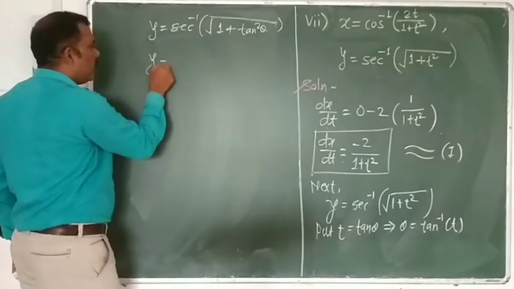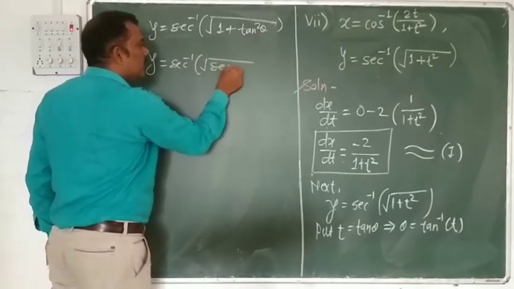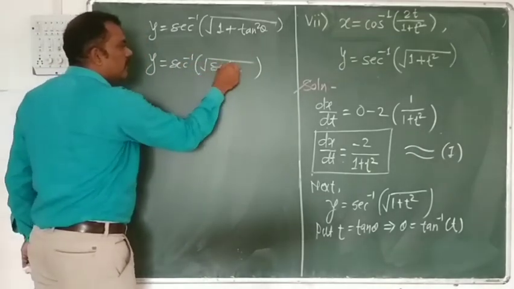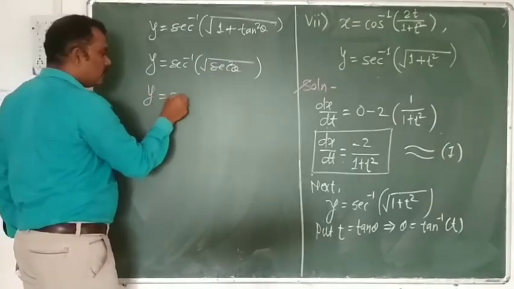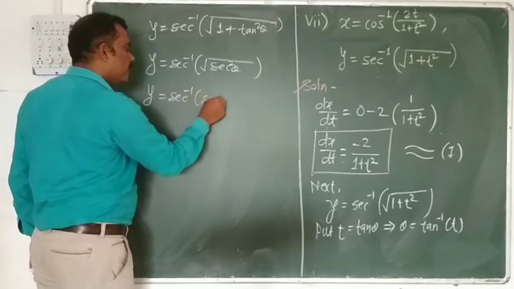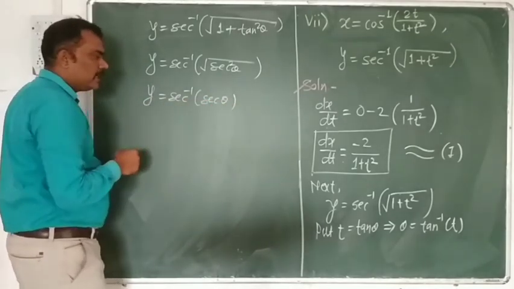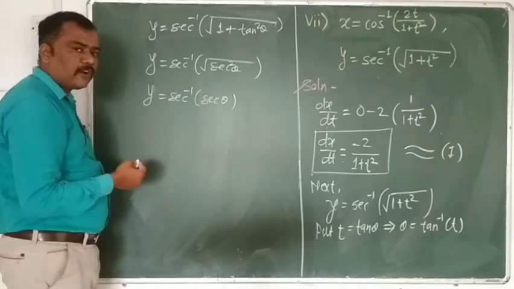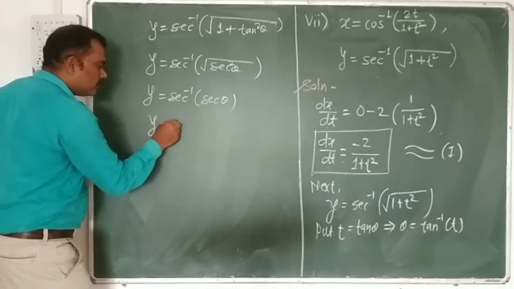So y is equal to sec inverse of under square root of sec square theta. Square and square root get cancelled, so y is equal to sec inverse of sec theta. Sec inverse of sec theta is nothing but theta, so y is equal to theta.